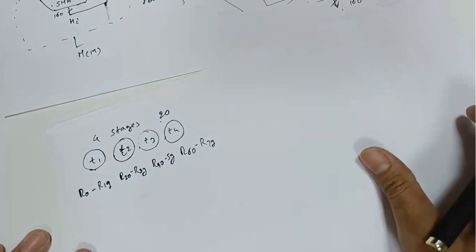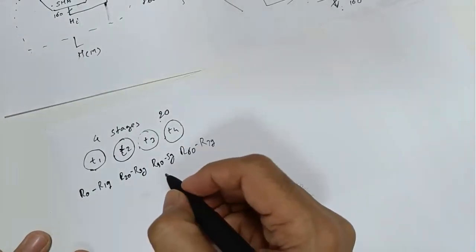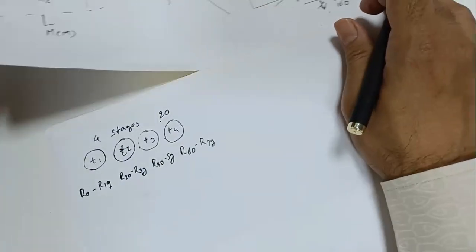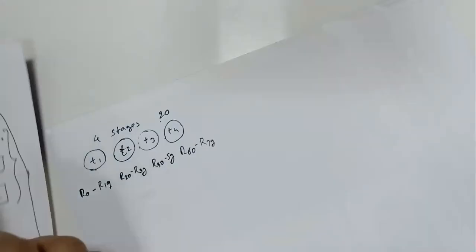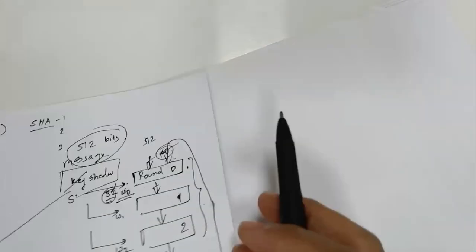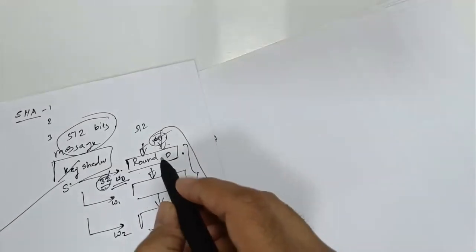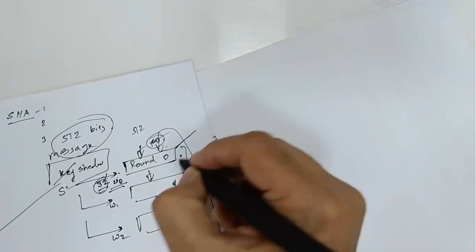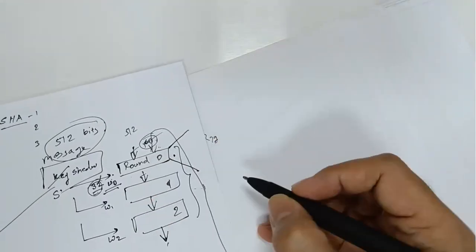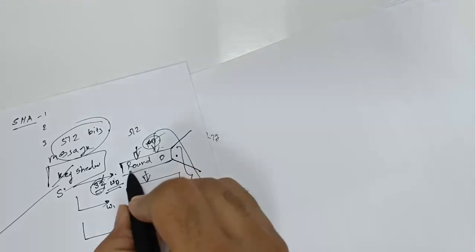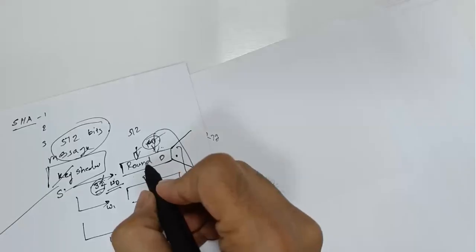Right. So now what is happening at each stage, that is the first question. The second question is what is happening in each round. Now let us expand this round. Basically, what is the input you are giving to this round?